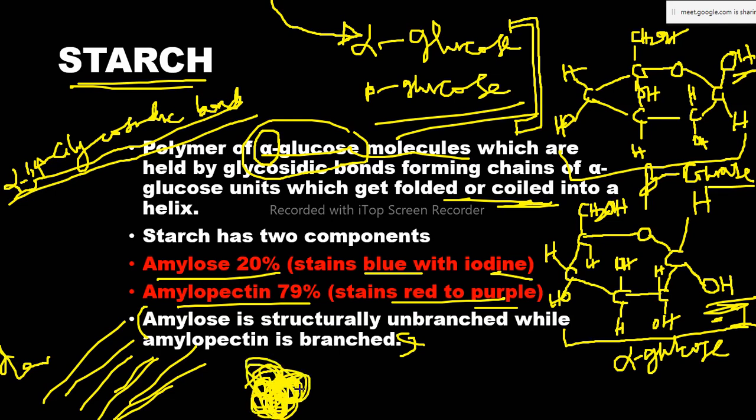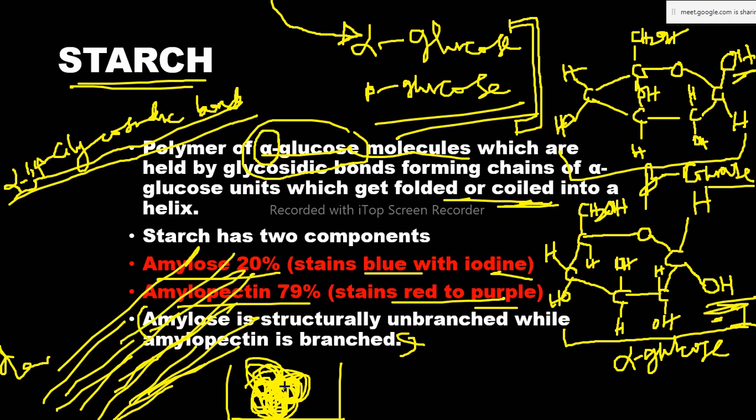Now imagine such a coiled substance and such a linear substance. Which one are you going to easily store in your cell? Obviously, it is this. And what brings about the coiling? It is the structure of the glucose.